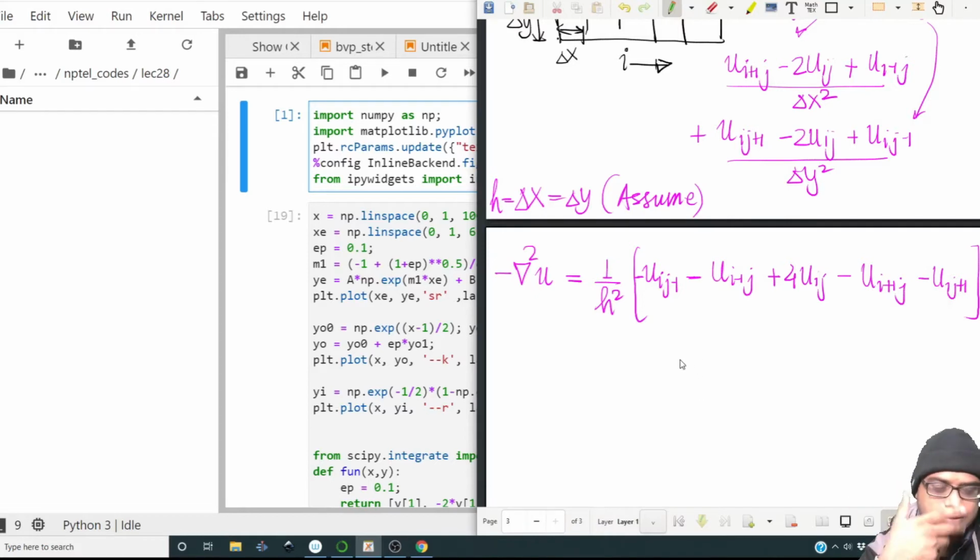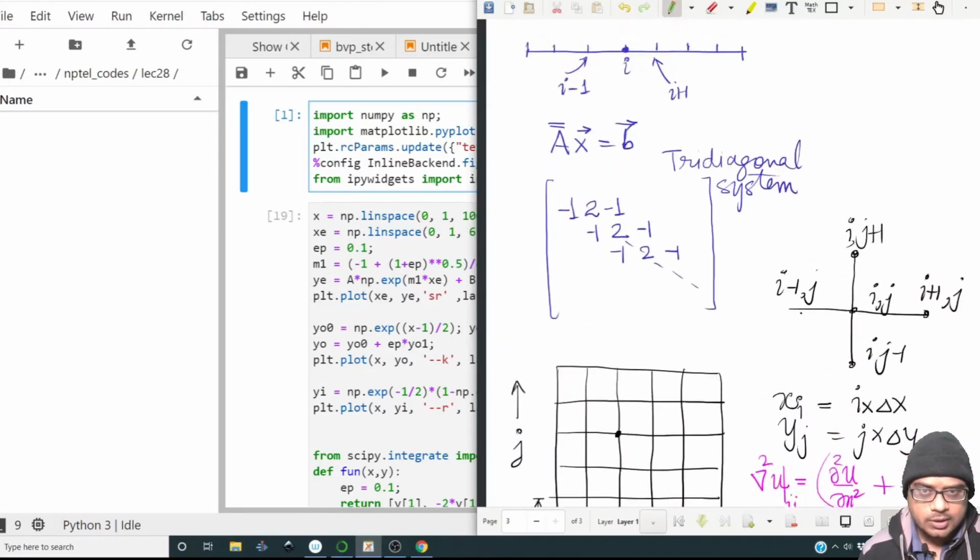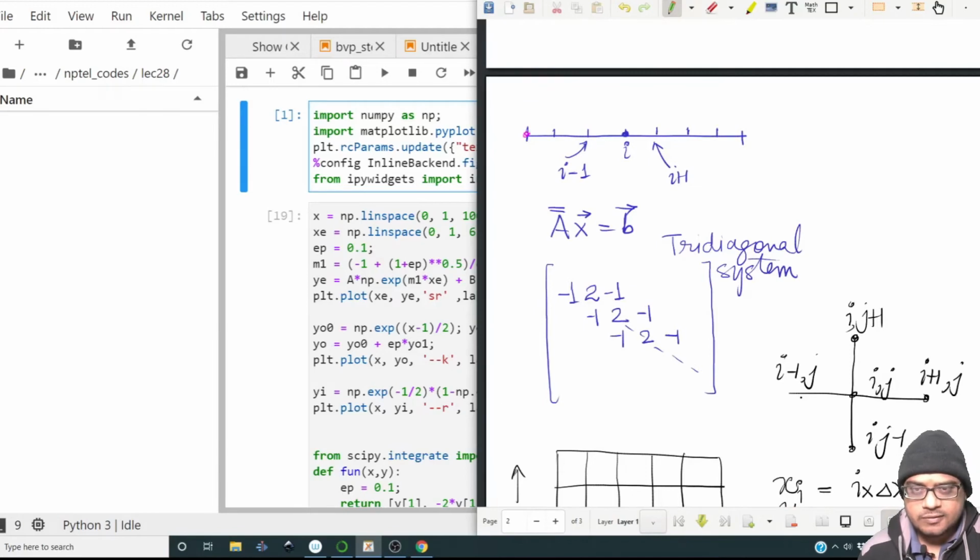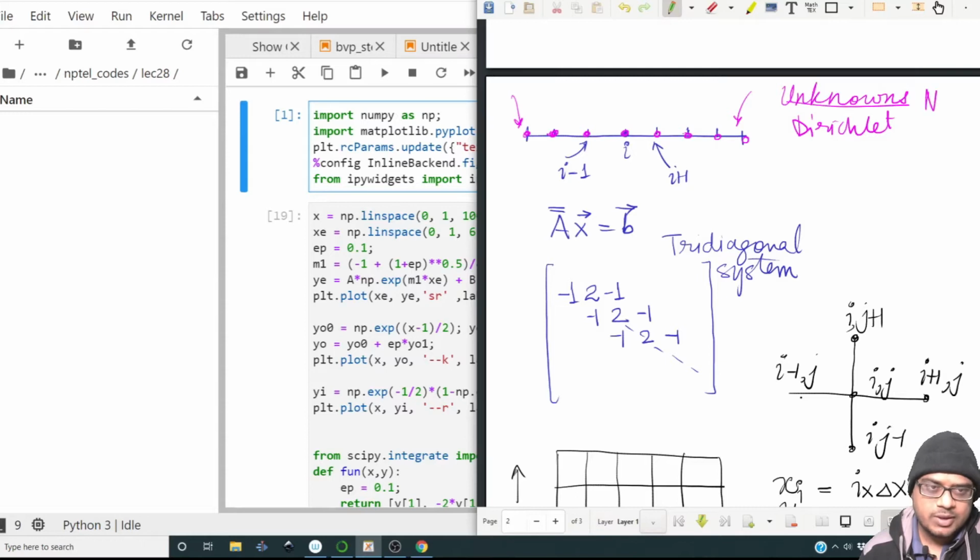But now, in the case of a one-dimensional problem, if we have n nodes and Dirichlet boundary conditions at the boundaries, then the number of unknowns will be n minus 2.